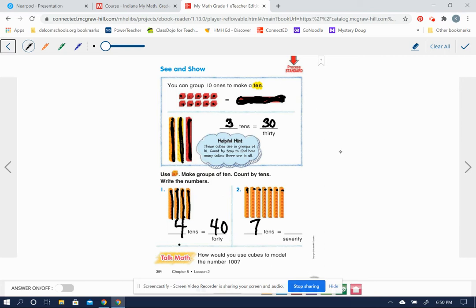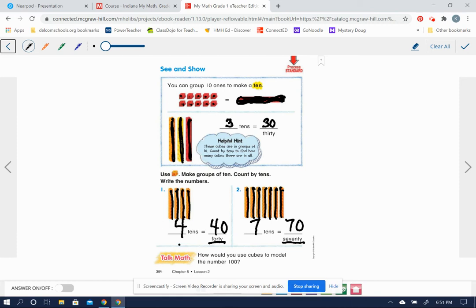Count by tens with me. 10, 20, 30, 40, 50, 60, 70. There are 70 cubes in all. This is the word 70 right here. This is the word what? Yep, 40.